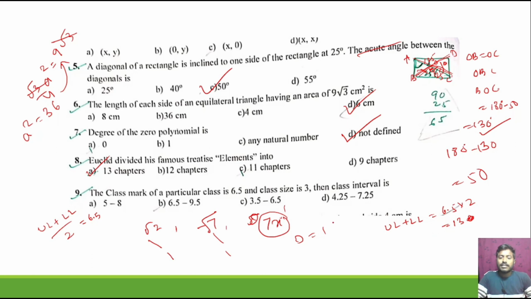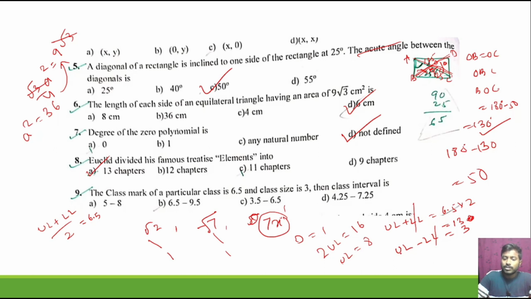And the class interval means class size. Class size means upper limit minus lower limit is equal to 3. Now add these, the lower limit cancels, then two upper limit is equal to 16. Now upper limit equal to 16 by 2, that is 8, yes or no?